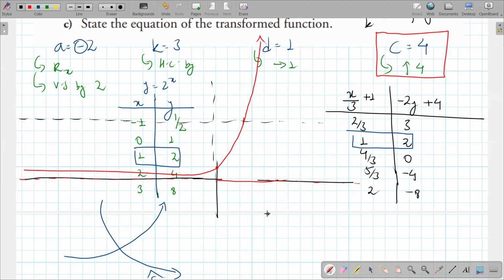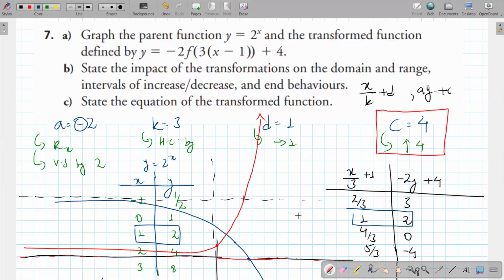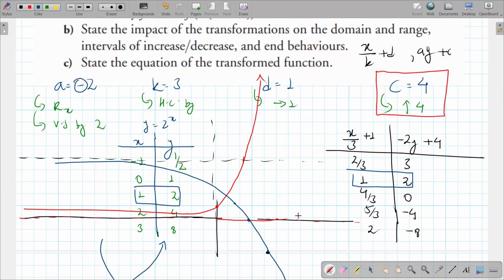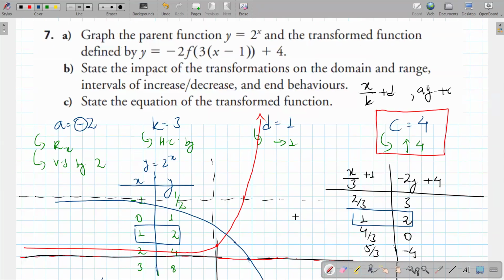Our curve had a point here. So it should have looked like this. Comes from negative 4 and then goes through our points. We had a point here, we had a point here, like that. And that makes better sense. Every exponential function must have an asymptote. So now let's talk about the domain and the range.